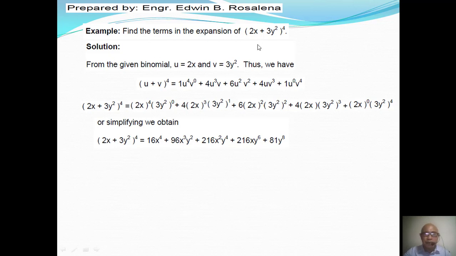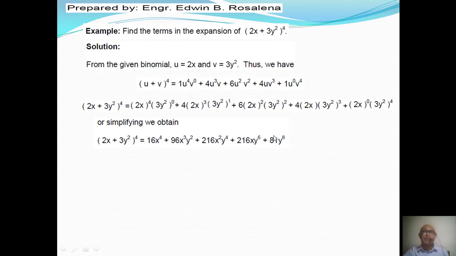involving this topic? Possibly, we are asked for a specific term only in the expansion. So, let us say, I will ask you, in the expansion of 2x plus 3y squared to the power 4, what is the fourth term? And if you refer to our answer, the fourth term is this. So this is the fourth term. What is the third term?